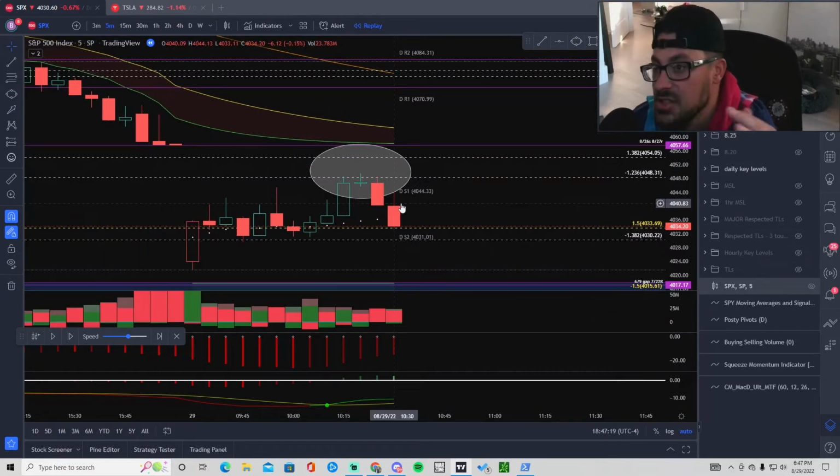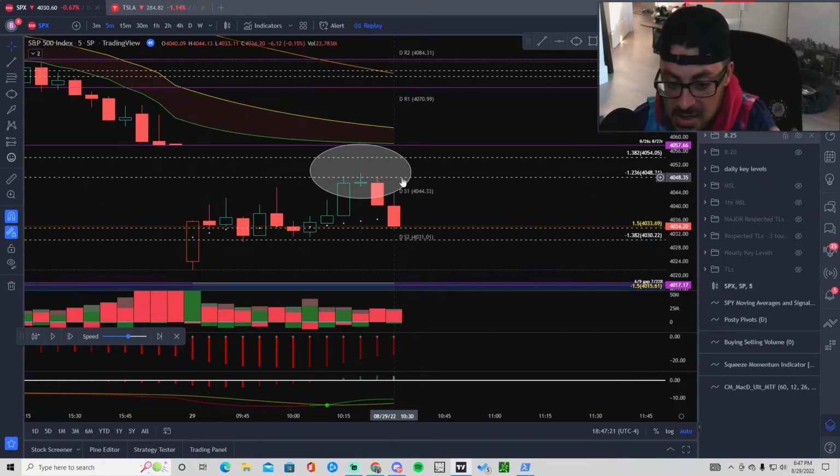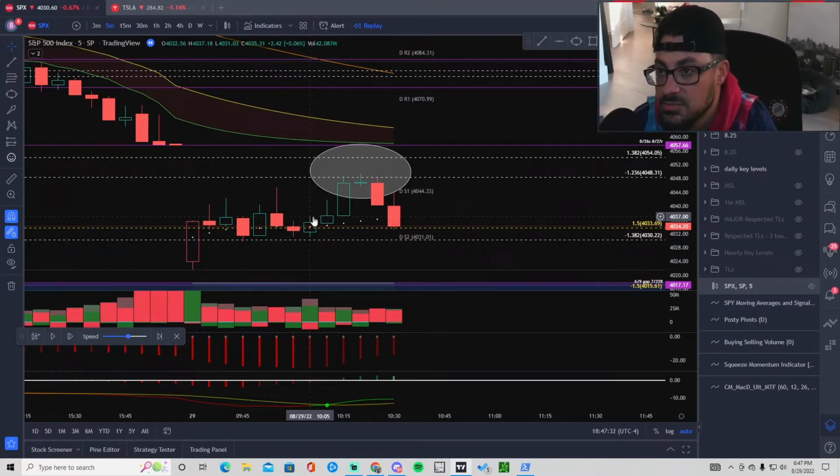The psychology behind volume and things like that is very important to me to make a trade. So, one, this candle right here is the biggest candle in terms of volume, but it relatively stayed the same in terms of price. Not a huge amount of movement for a 5-minute candle on SPX.